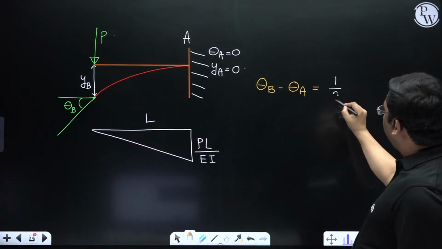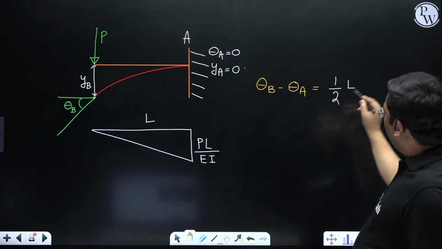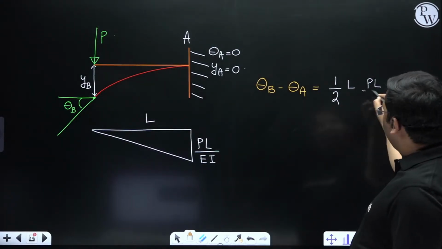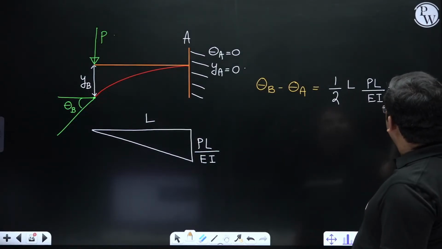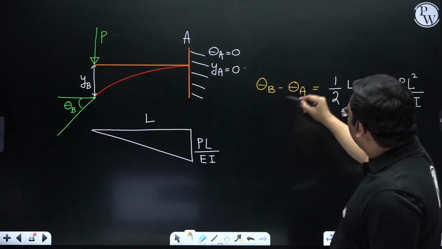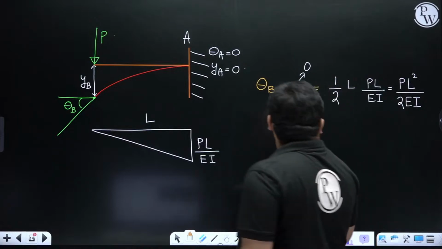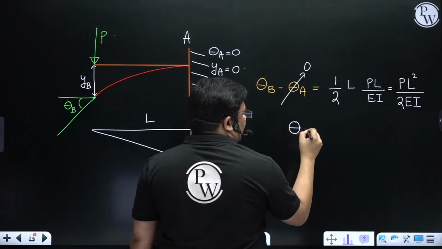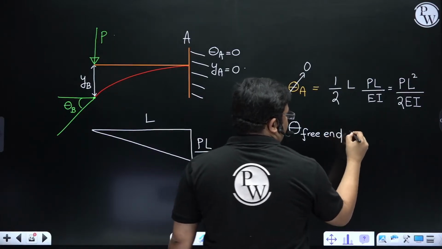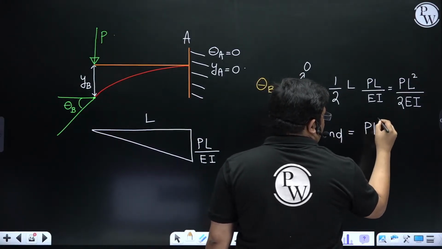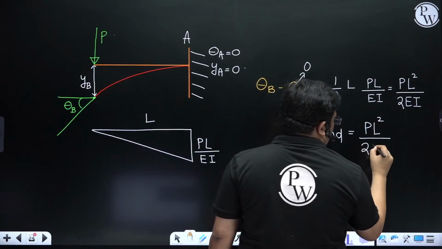So half base into height, PL by EI, that is equal to PL square by 2EI. And this is anyhow 0. So from here I can say the slope at the free end, how much I get due to this point load, is PL square by 2EI.